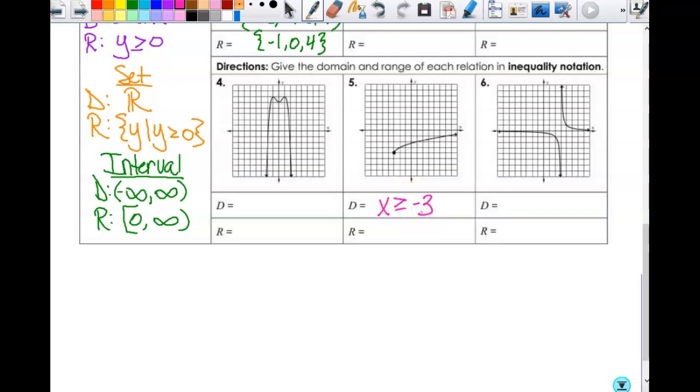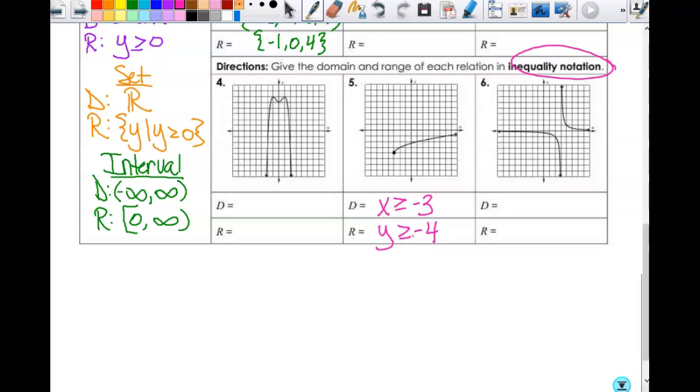Good, because that's inequality notation. So then my range, the smallest y value, what? Good. Y has to be, is it greater than -4? Or greater than or equal to? Good. Everybody okay with that?